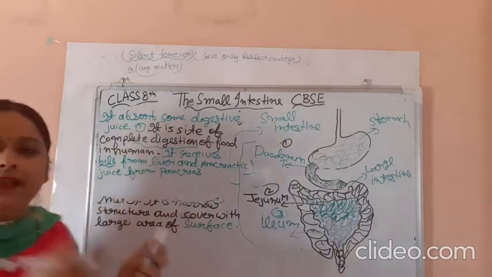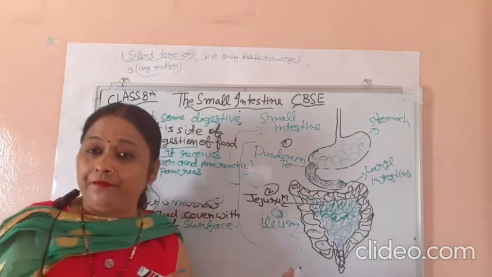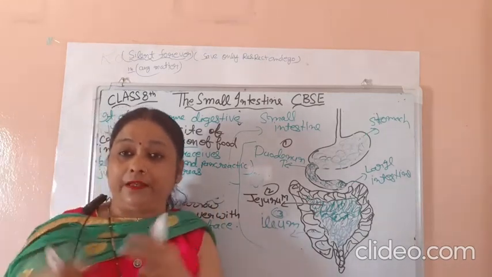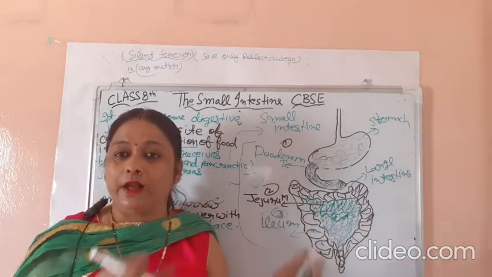So this is a very clear description showing here. It receives bile from the liver, and it receives pancreatic juice from the pancreas gland. So this is the small intestine.